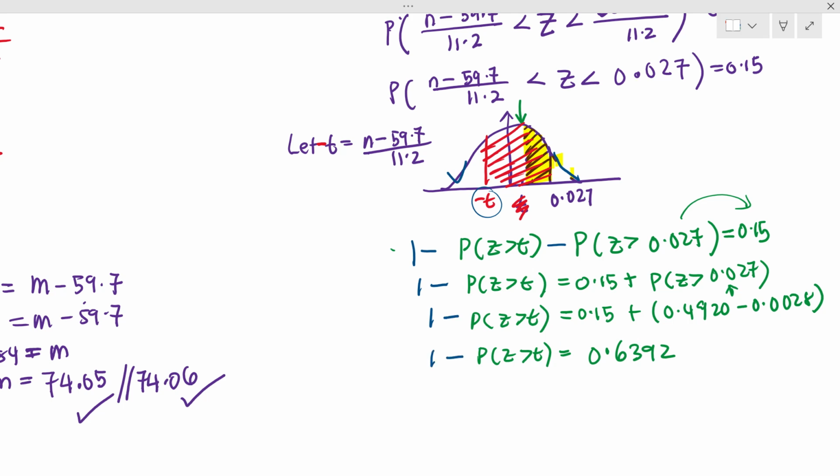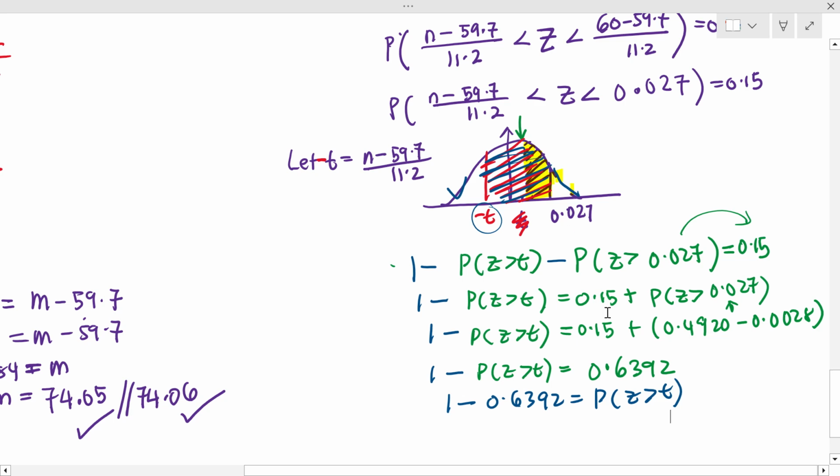Now you don't need to erase anything. If it is in between, we take 1 minus probability z greater than 0.027 and minus probability z greater than t. So 1 minus 0.6392 should be equal to probability z greater than t. Okay, now it makes sense.